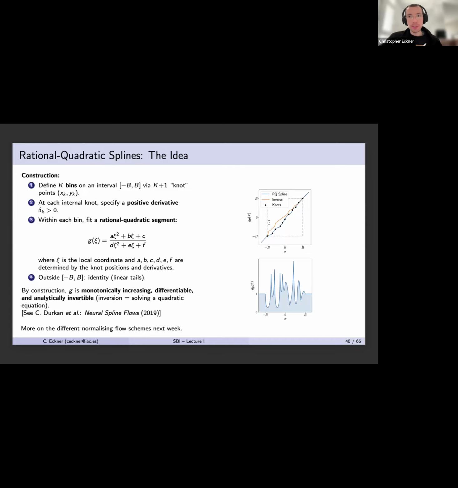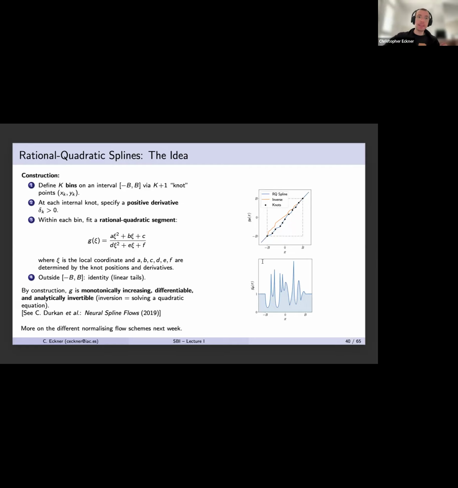What you want is, of course, a differentiable function and a bijective function. So what you do is you take this interval and you define k bins in this interval. And with these k bins, you get k plus 1 knots. Well, the knots are just the dots here. And these knots are then connected in each bin with a spline.